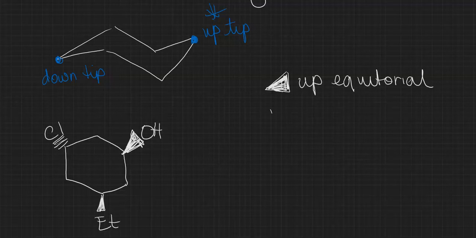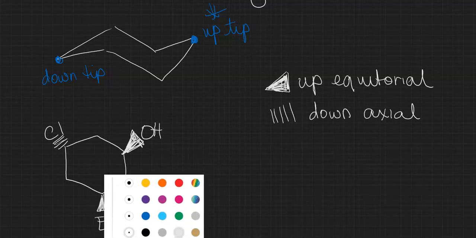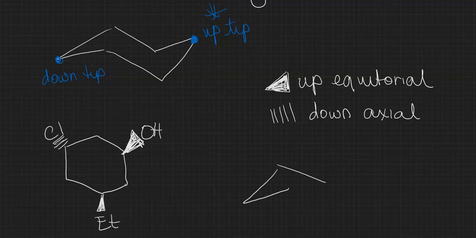When you look at the dash wedge, that is always going to be considered down and axial. So what we want to do is draw our chair conformation as shown here.